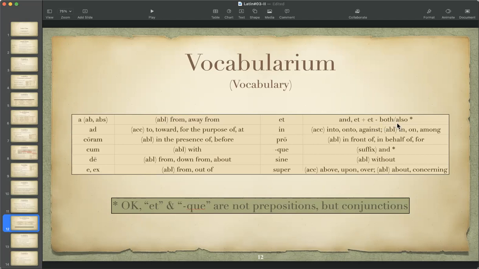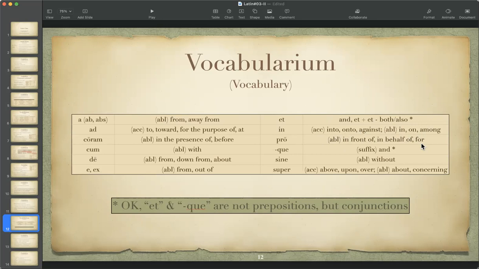That would be the both form of that. And then in. Now, in can either mean motion into, okay, or you are already there. So as I mentioned earlier, in the accusative form, you use the motion version, and for the placement version, you use the ablative.